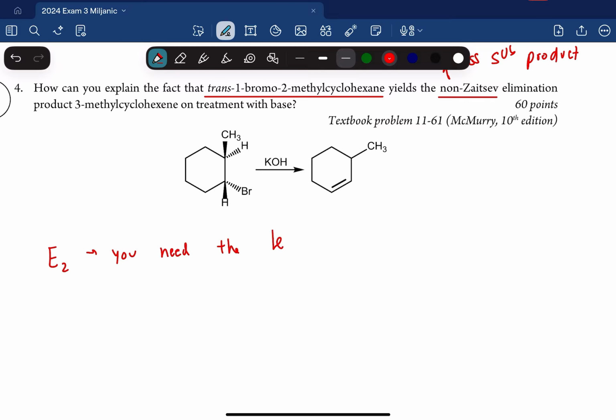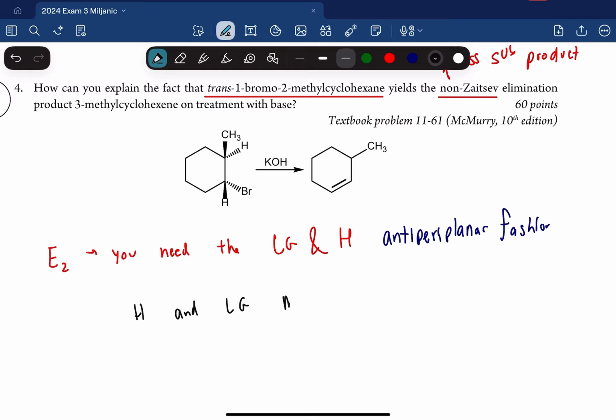the leaving group and the hydrogen in something we called anti-periplanar fashion. So this just means that the H and leaving group must be anti.